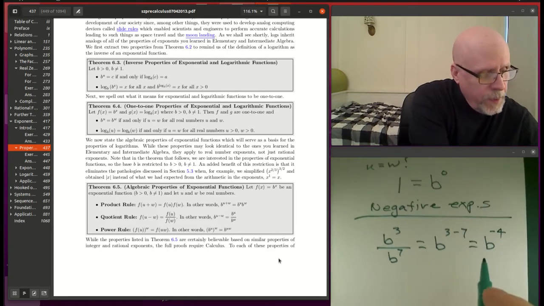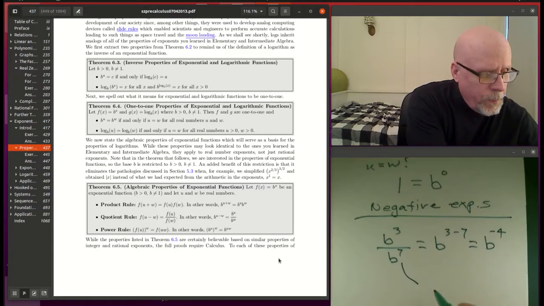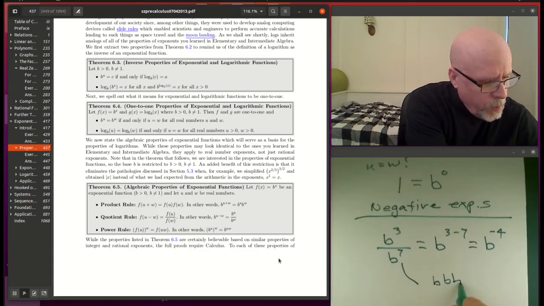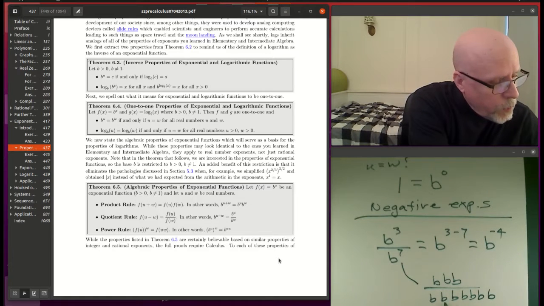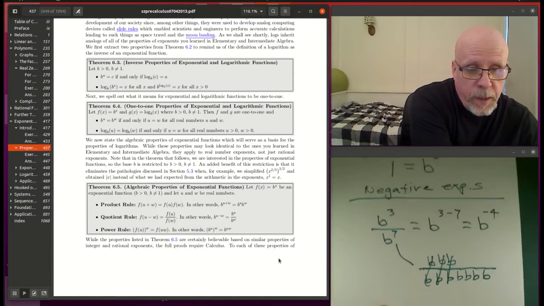What's that really mean? Well, that comes from thinking about that thing and the cancellations you can do. B to the 3 over b to the 7, that's 3 b's in the numerator and 7 b's in the denominator. Kind of wishing I'd used a smaller power. All right, 7 of them downstairs, 3 of them upstairs. Bunches of them cancel, but we've got 4 b's left in the bottom.